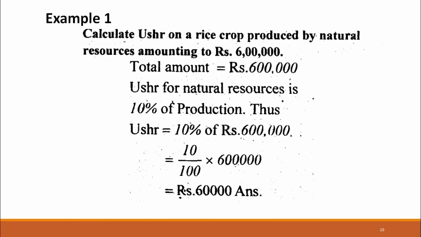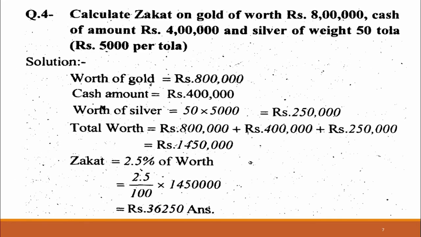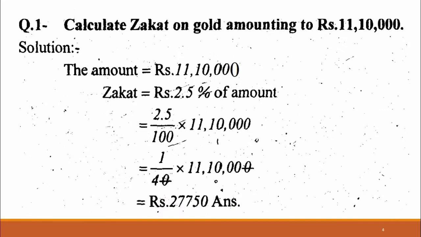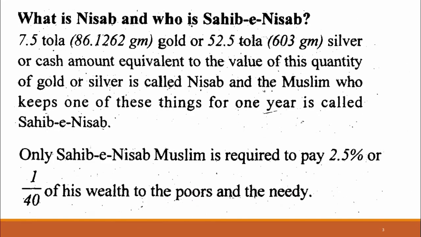But this is a very important point: note who is Sahib Nisab for zakat, and what the nisab is. 7.5 tola gold and 52.5 tola silver, or the cash amount equal to this, is called nisab, and the Muslim who keeps one of these for 1 year is called Sahib Nisab. Only a Sahib Nisab Muslim is required to pay 2.5%, or 1/40, of the wealth to the poor and needy.